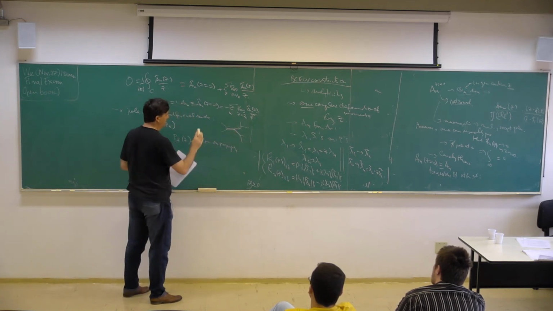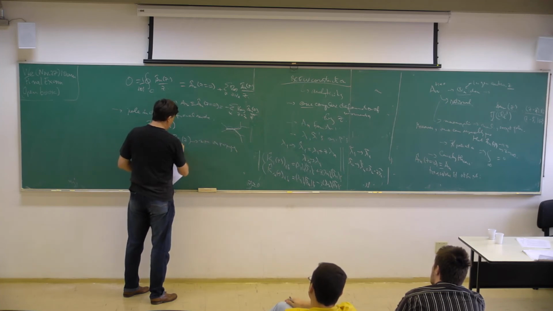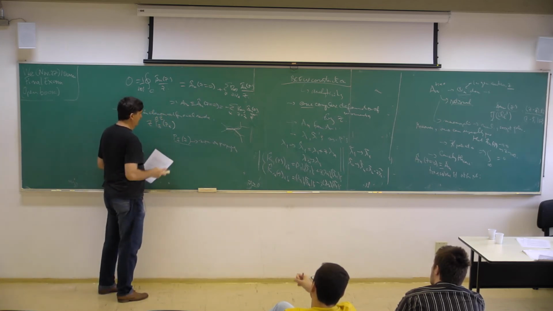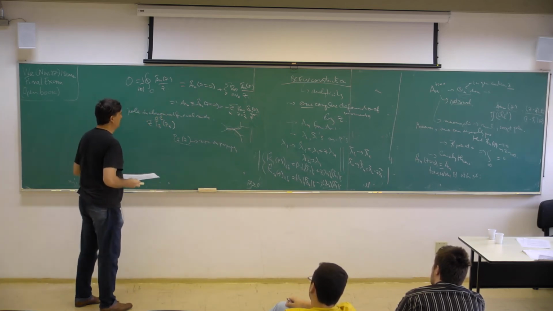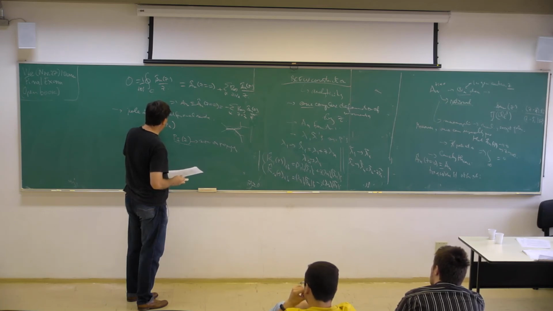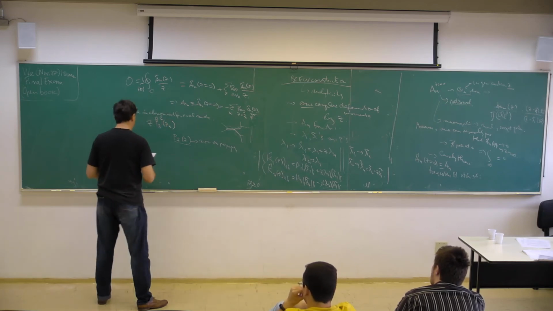So all the poles in the amplitude are of this type, and the pole corresponds to this P_i squared equal to 0, right?